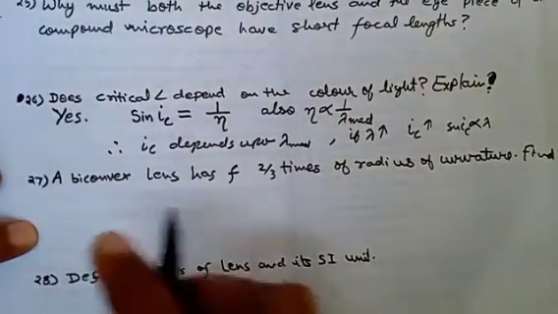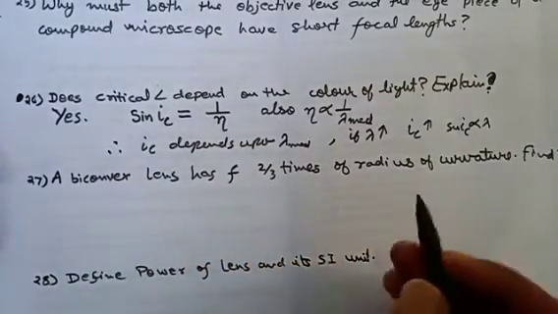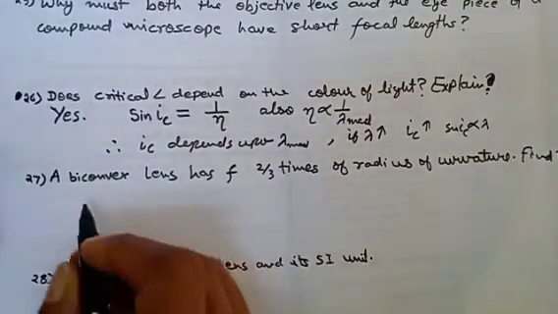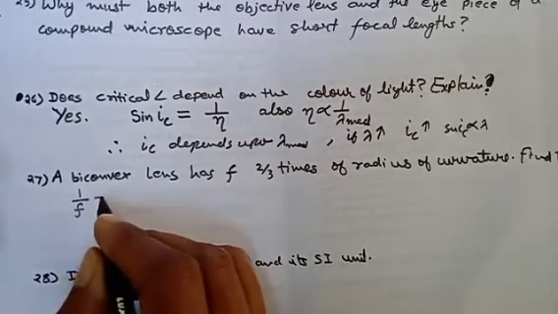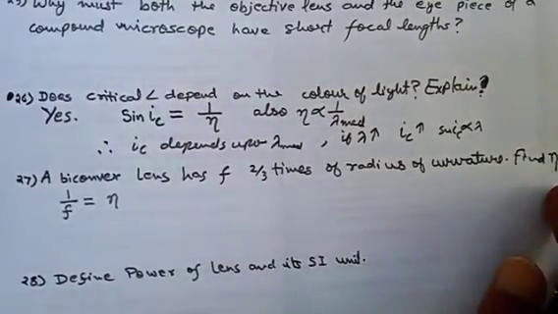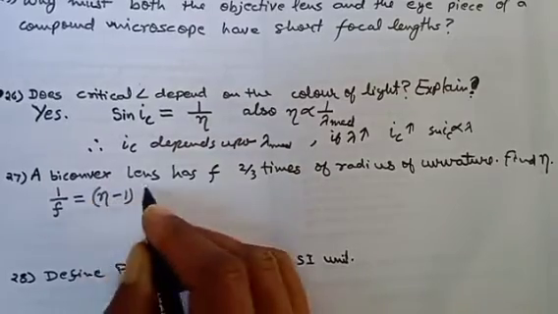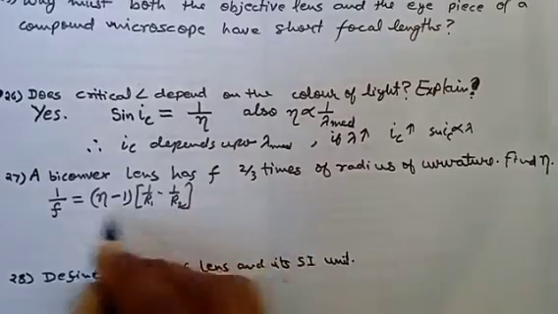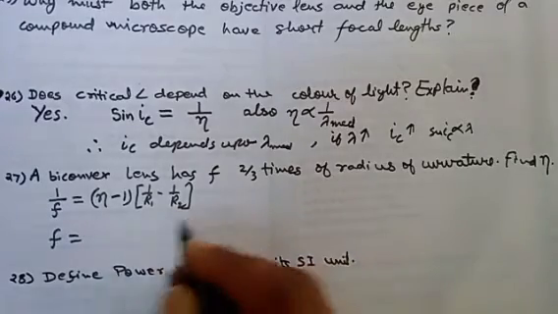What else? A biconvex lens has focal length 2 by 3 times that of the radius of curvature. Once again, a 1 mark question, but lots and lots of computation is required. So 1 by f is equal to eta, we have to find eta here, eta minus 1 and 1 upon r1 minus 1 upon r2. Convex lens, f is 2 by 3 radius of curvature.